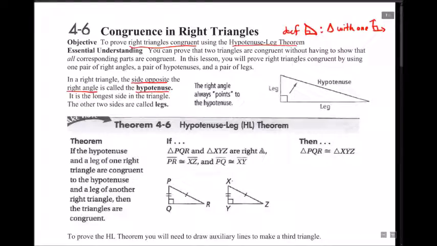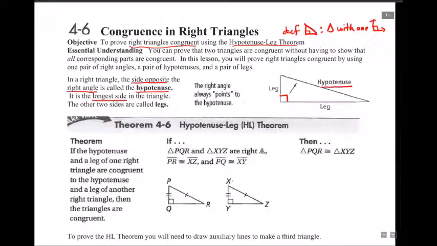So we have our triangle here, and we find the right angle, and the right angle makes a neat little arrow here and points toward the hypotenuse. It's always important to know where your hypotenuse is.